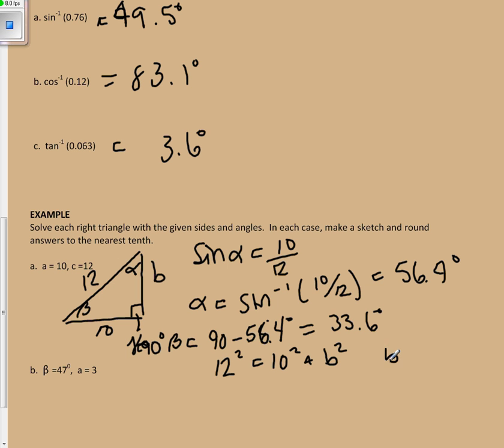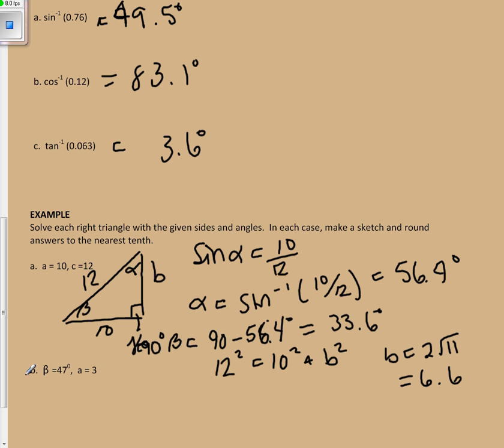So in other words, b, when I solve for this, and I'm going to do it to 1 decimal place, actually, you know what? I'm going to leave it as the square root of 44. Equivalently, I can put this in my calculator, and to 1 decimal place it will be 6.6.